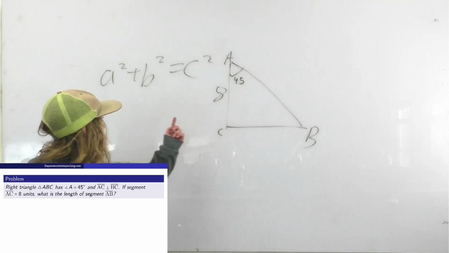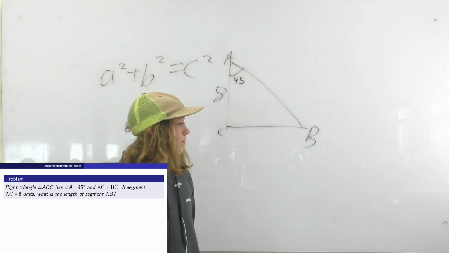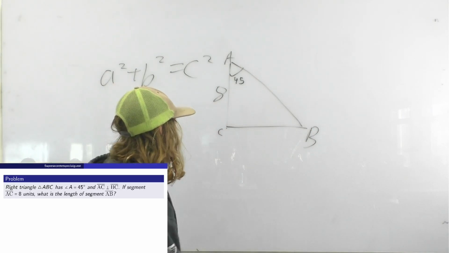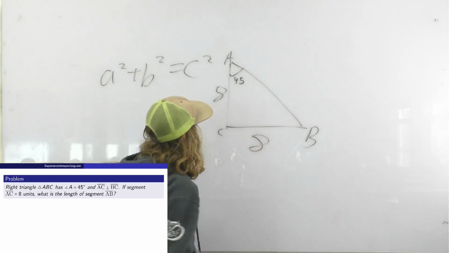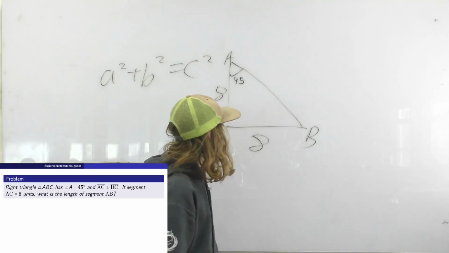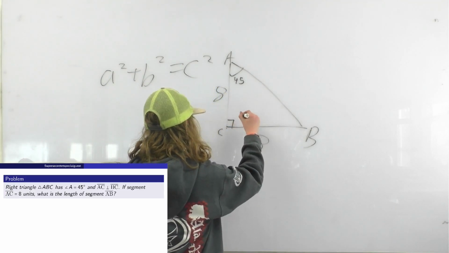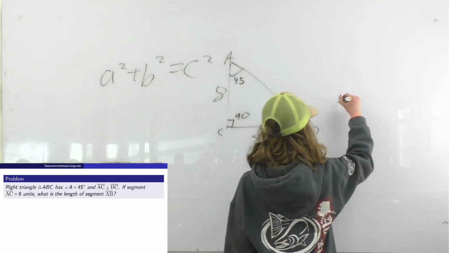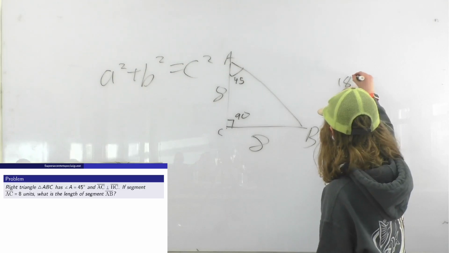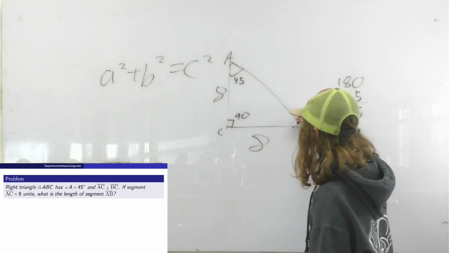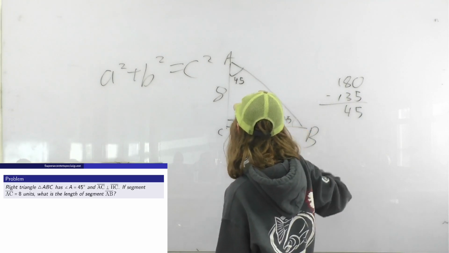But first, we need to find b, or just CB here, and CB is actually just 8, because the angles in a triangle add up to 180, and since it's a right triangle, that's 90 degrees, and that's 45. They sum to 135, and then 180 minus 135 is 45, so the remaining angle also has to be 45.